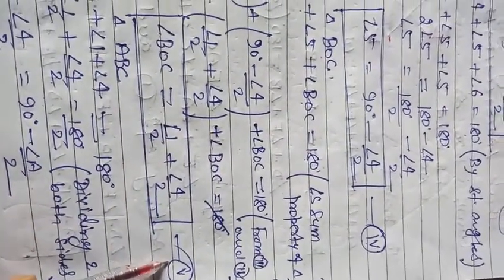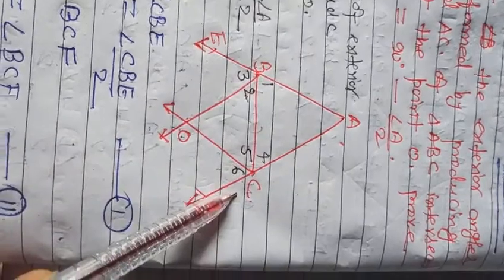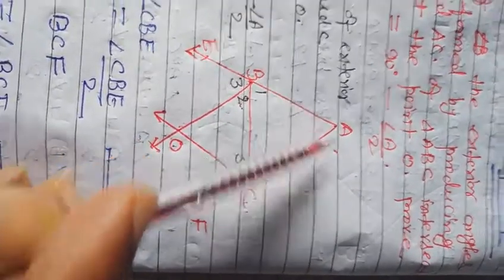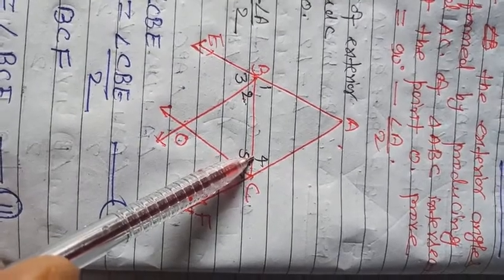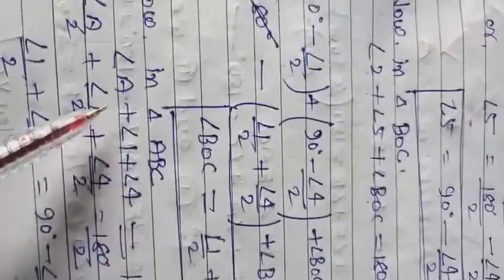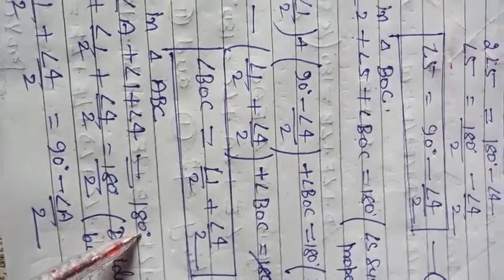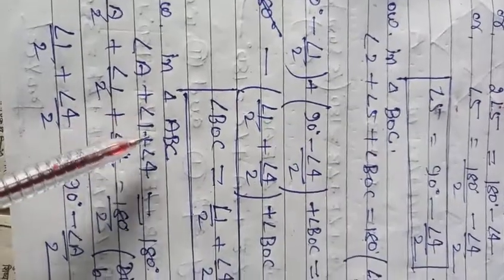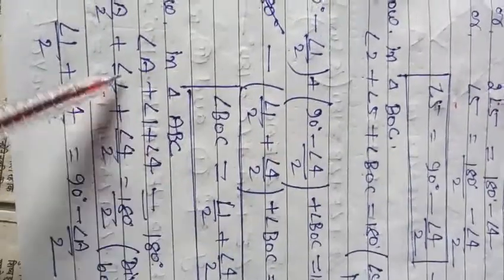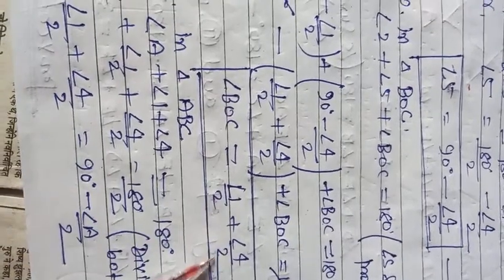This is equation 5. Now in triangle ABC, angle A plus angle 1 plus angle 4 is equal to 180 degree, again by using angle sum property. Dividing both sides by 2. Why? Because here is angle 1 by 2 and angle 4 by 2.